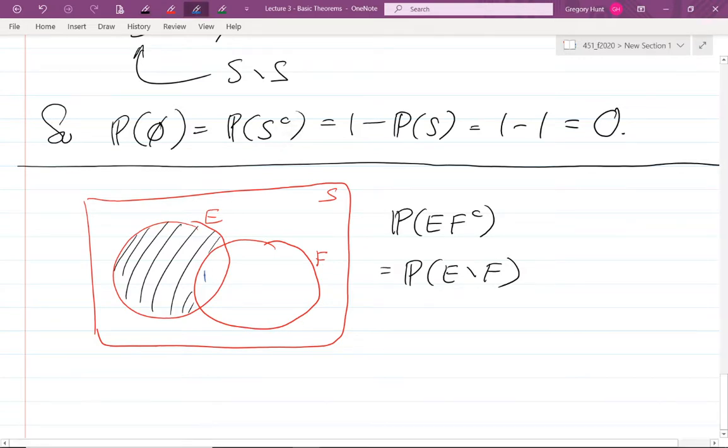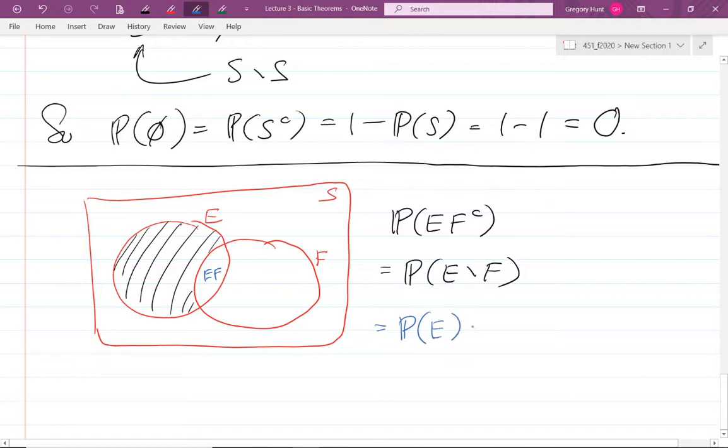So this middle part here is the intersection between E and F. So if I were to do this by areas, I would think that this is going to be the probability of E minus probability of EF, right? It's this area, total area of E minus this little part that overlaps with F. And that indeed is true.